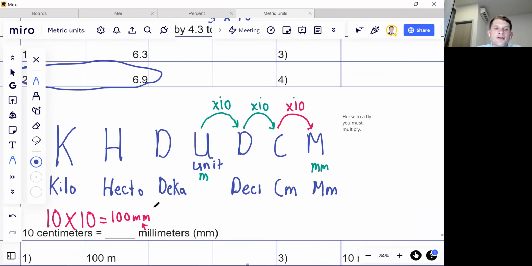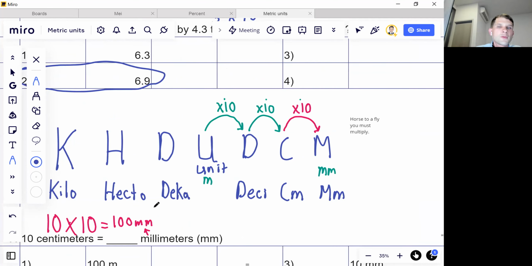So let's go ahead and fill the rest of this out. If I'm going from kilometers to hectometers, that's going to be times 10. Okay, kilometers to decameters is going to be times 10. And then decameters to meters will be times 10 again.